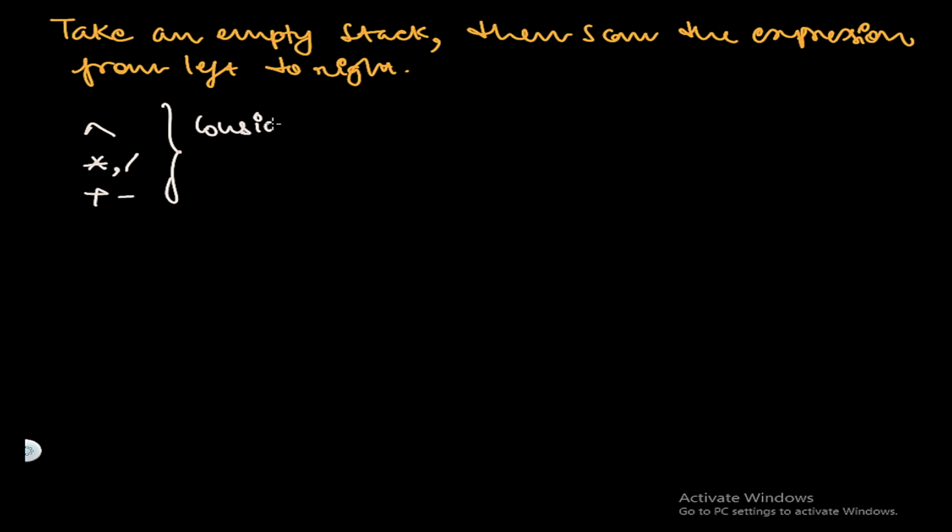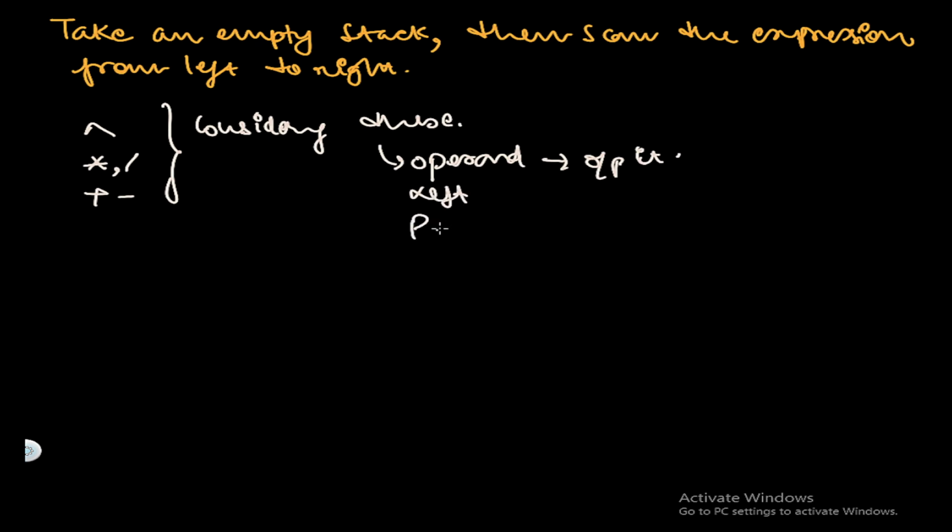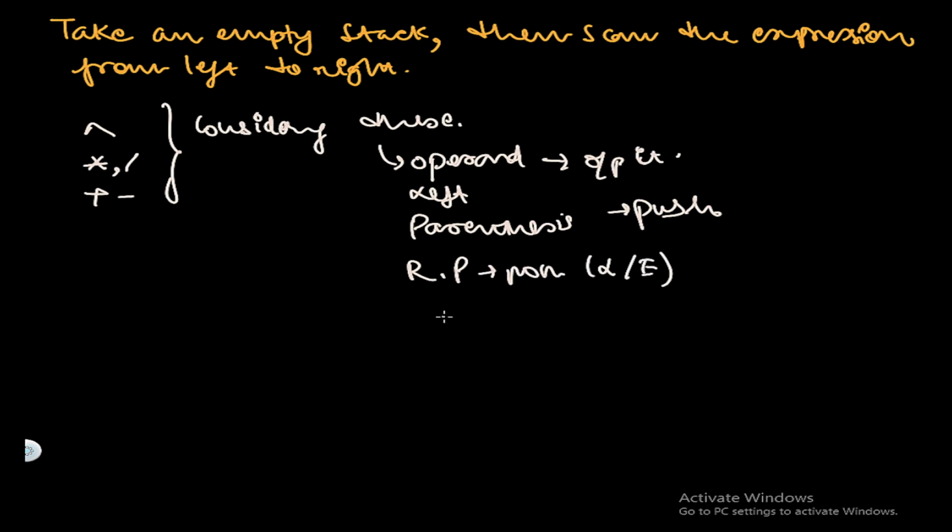Considering these, if you get the operand, output it. If you get a left parenthesis, push. Right parenthesis, pop until you get a left parenthesis or it is empty. And if you get an operator, check the precedence and push and pop. I hope you understood this. Okay, so now let's proceed further.